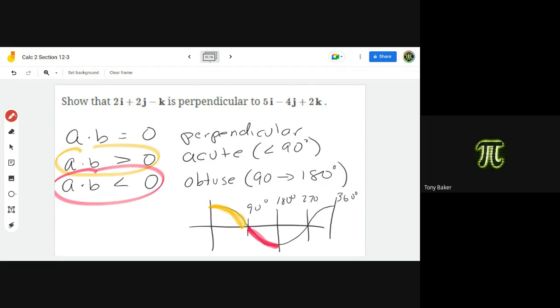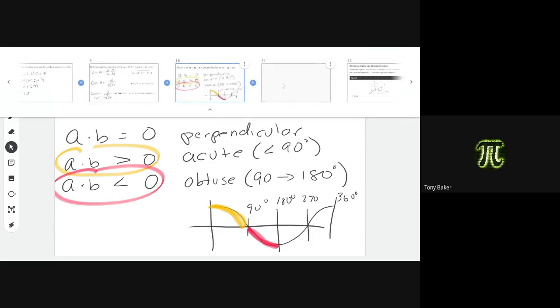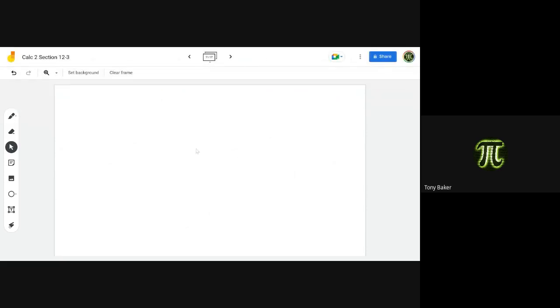All right, so are those two vectors that I gave you perpendicular? Well, let's quickly find it.